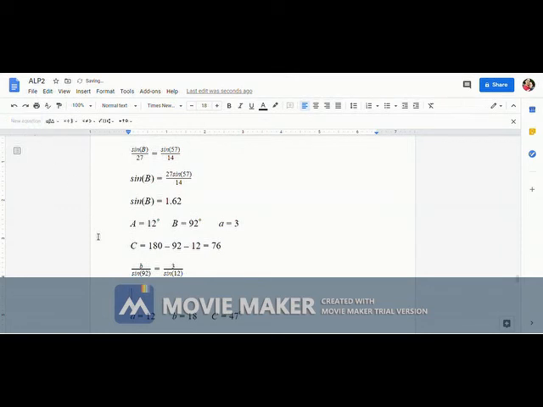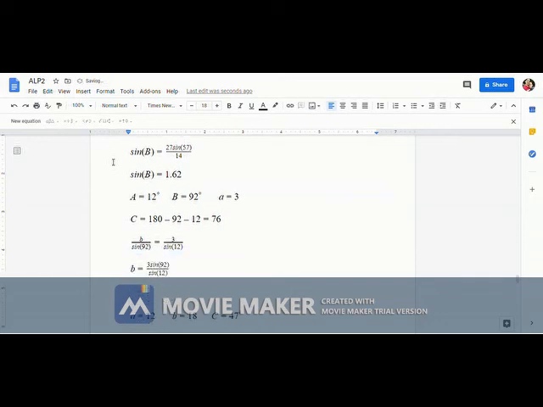Now multiply both sides by sine 92. We'll get B equals 3 sine 92 over sine 12, and that gives us the length of side B, which is 14.42.